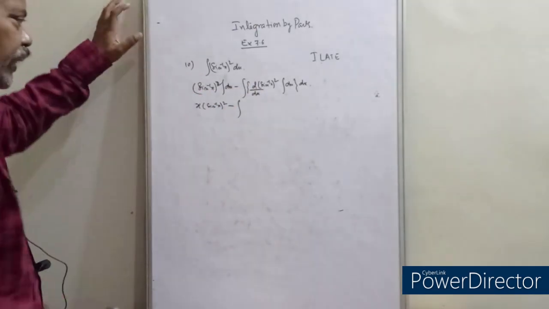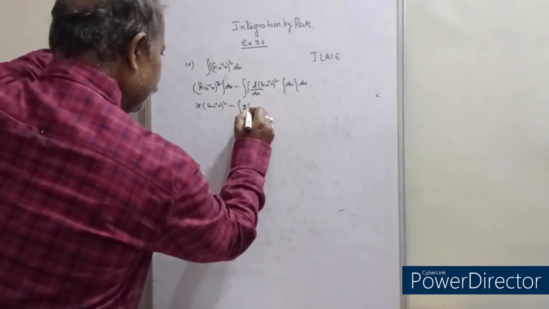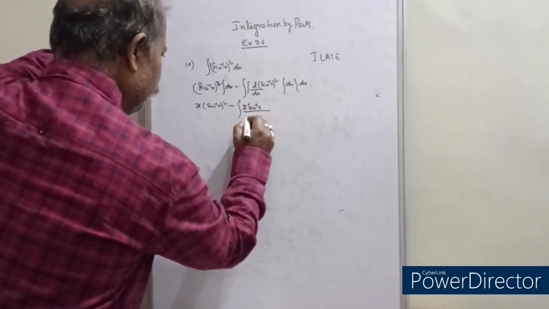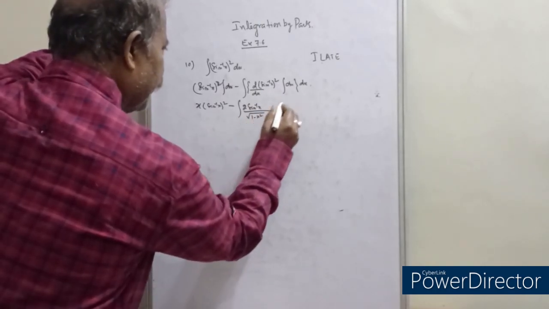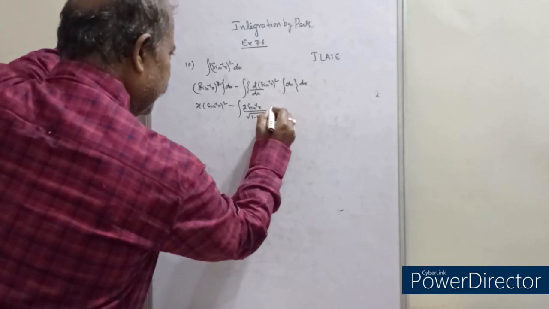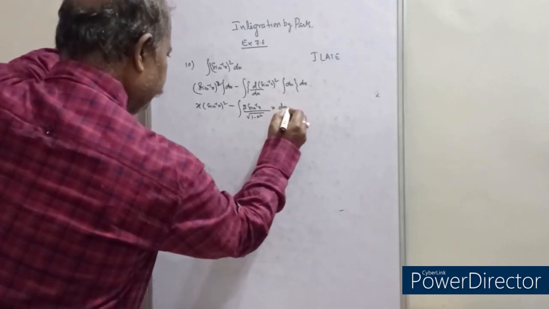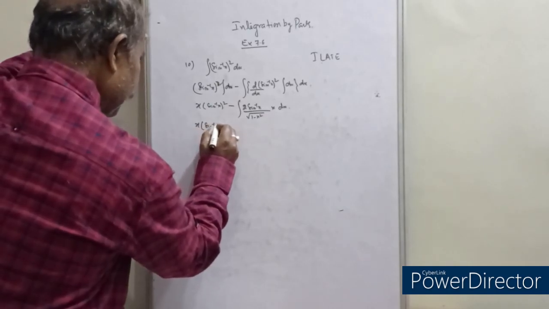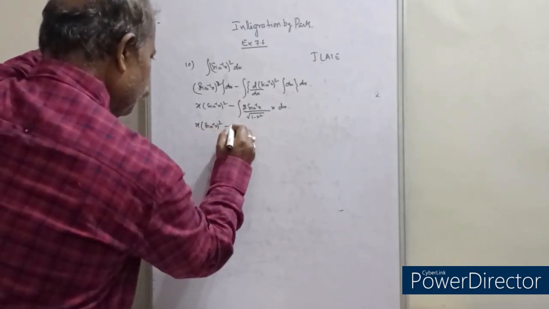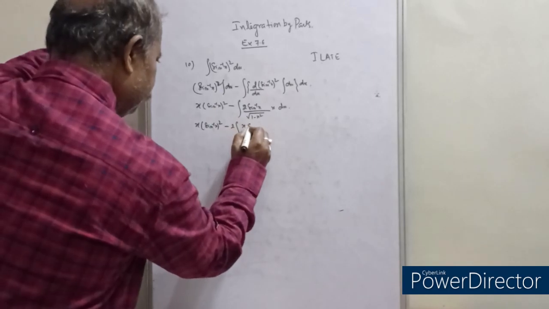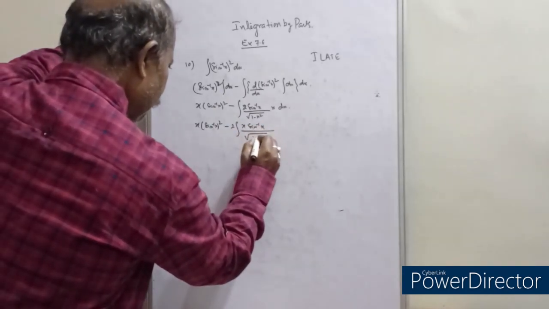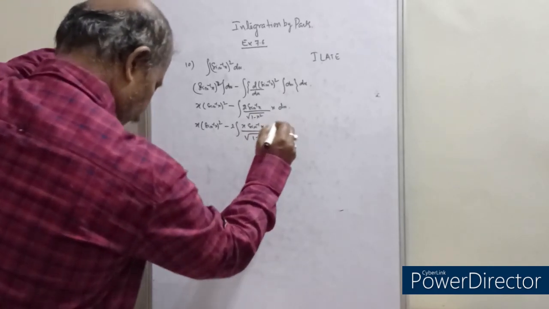According to the chain rule, it will be 2 sine inverse x, and the differentiation of sine inverse x is 1 by root over 1 minus x square, and this will be x dx. So this comes out to be x sine inverse x the whole square minus 2 times integration of x sine inverse x by root 1 minus x square dx.